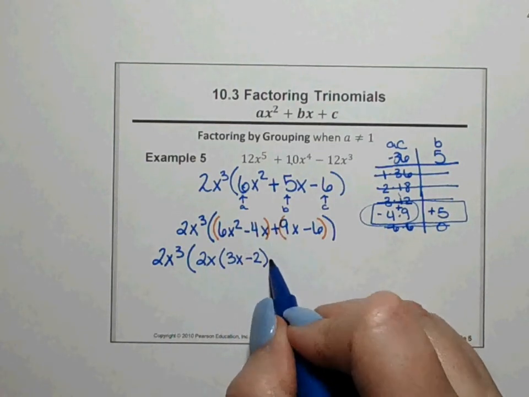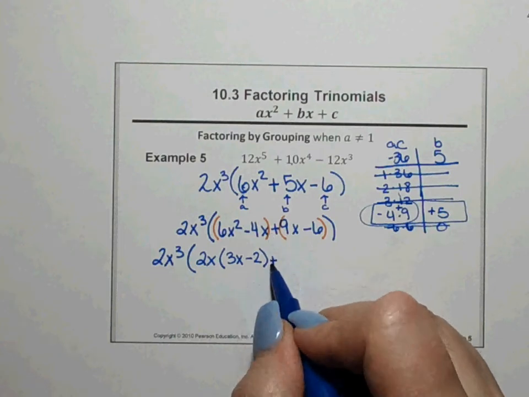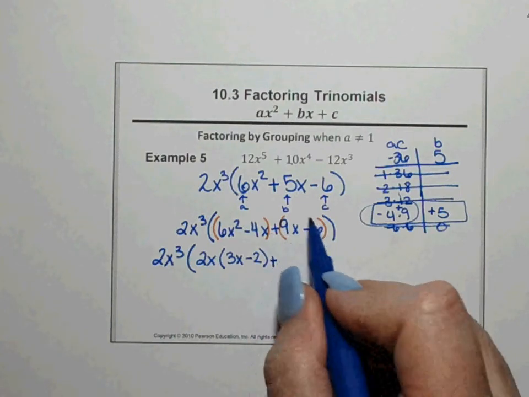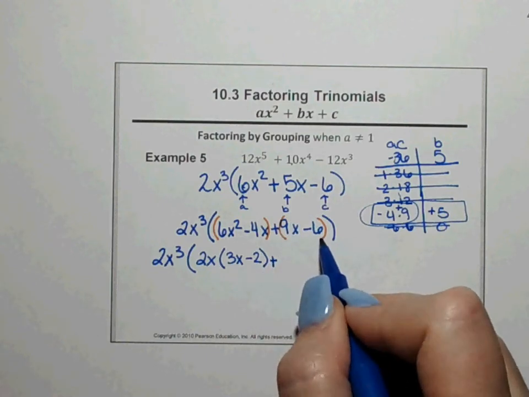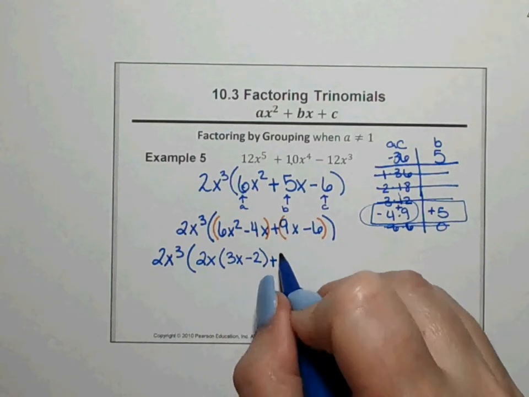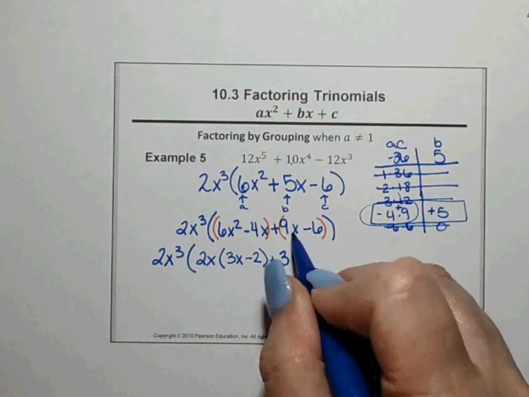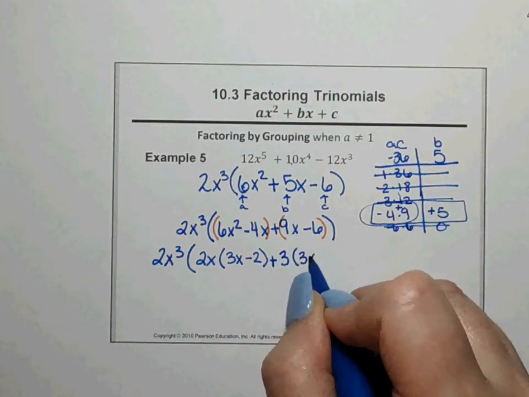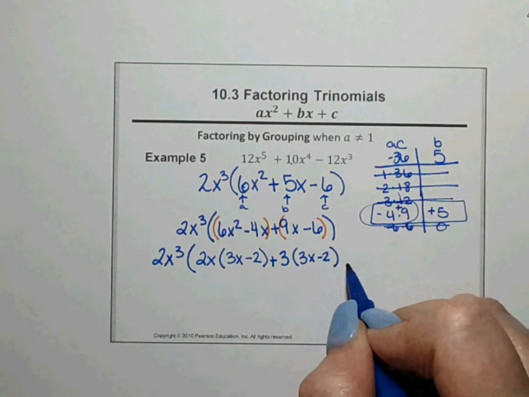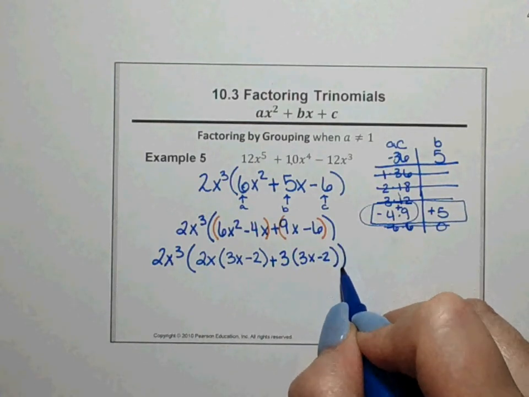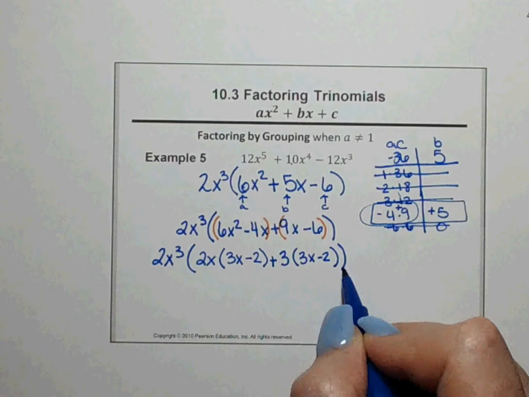And then my addition sign carries down with me as well. And then I want to find my GCF here. So my GCF of these last two terms that we've grouped together is going to be a 3. 3 times what gives me 9x? Well, 3x. 3 times what gives me a negative 6? A negative 2. Perfect. And then I want to close that first set of parentheses right there.